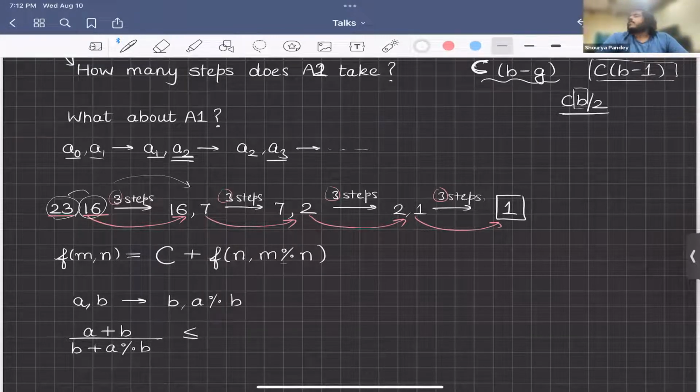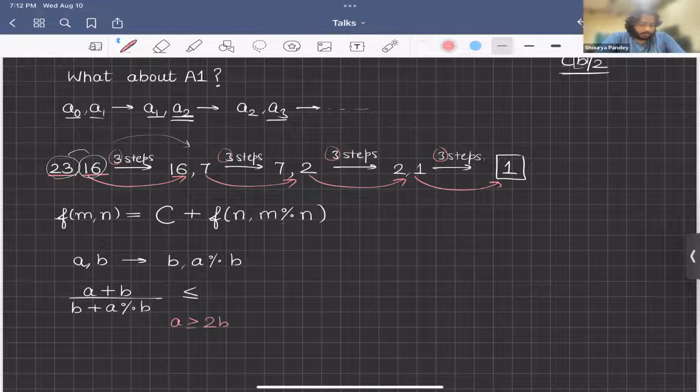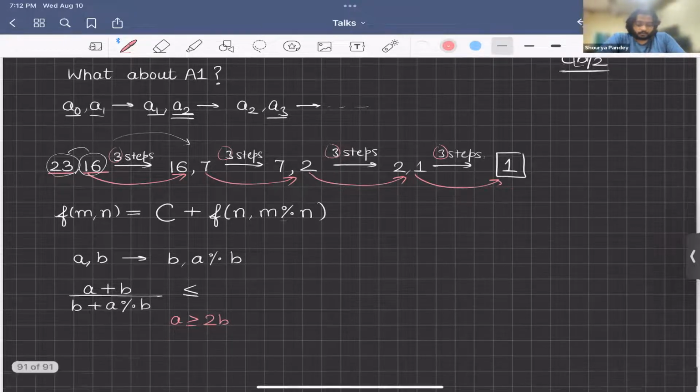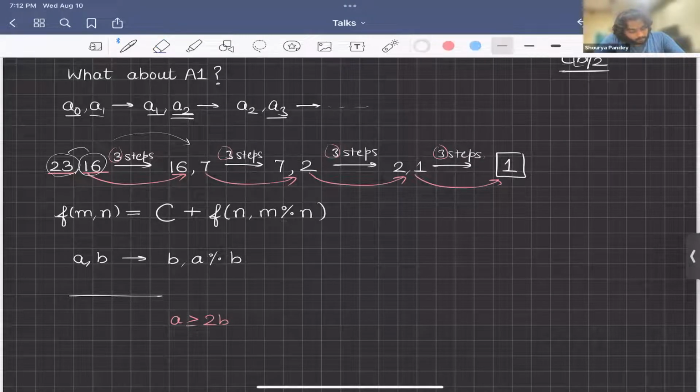You can take cases on A. What if A is very large? So let's say what if A is at least 2B? Then what can we say? Wait, sorry, I need the reciprocal to be less than or equal to something. This should be less than or equal to something.